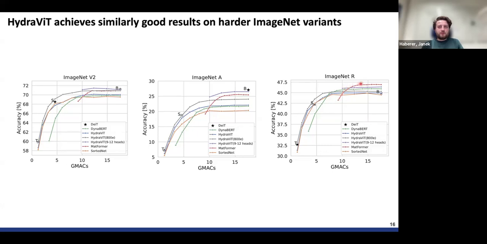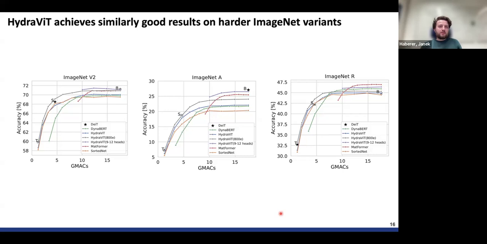For example, MetaFormer is able to beat HydraViT even with the 9 to 12 head combination in some cases, but then in other cases, this is not true. So yeah, certainly there are some data sets where there might be some slight overfitting or similar stuff involved. Maybe there are still some ways to improve it even further, but we didn't really investigate this too much to figure out how we can fix this.